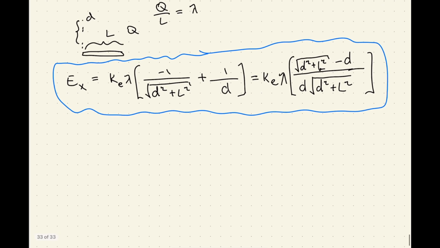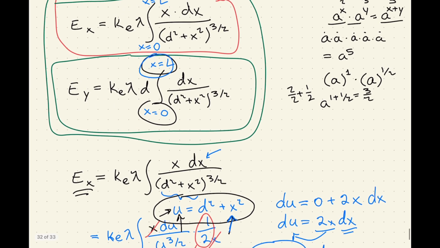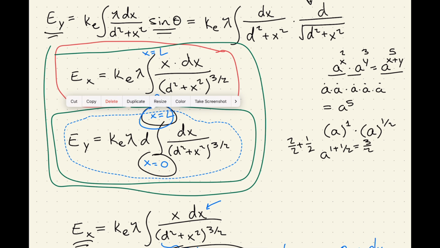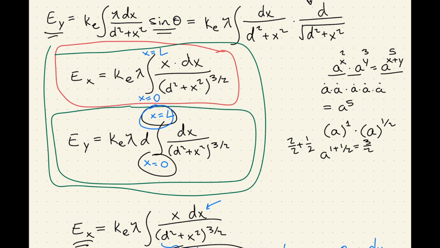So now that we're done with that, let's go back and see where the Y component was. And this is what we had for the Y component. We have not solved this yet. We stopped at this stage here, and I told you guys that if you're at this stage, you should get answers for these integrals, right?